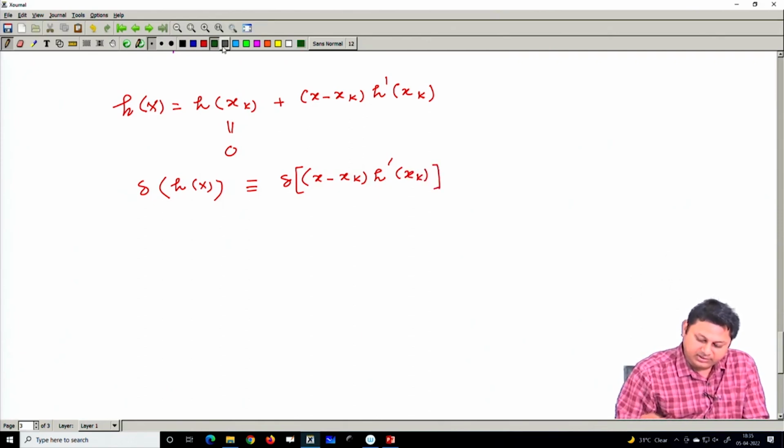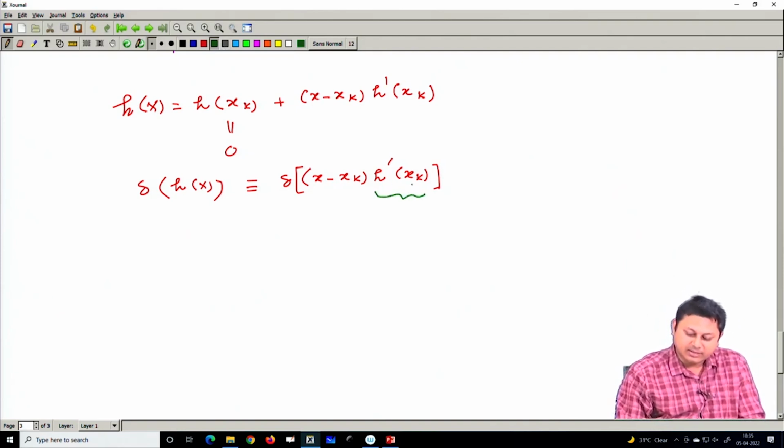Now, if you look carefully, this is a constant term, because I evaluate h at xk point, I evaluate h prime at xk point. So, this is a constant.